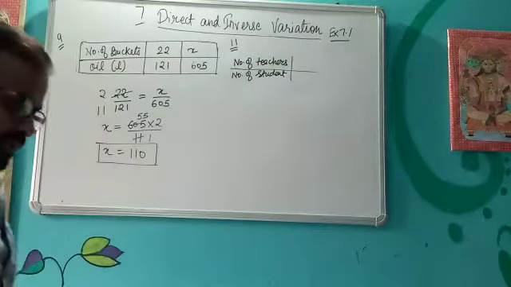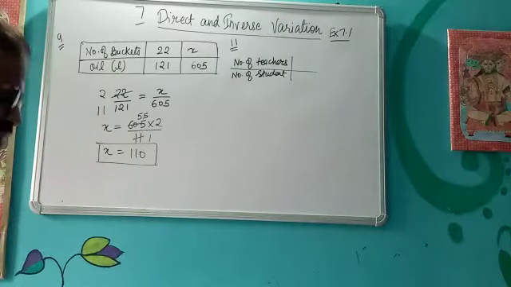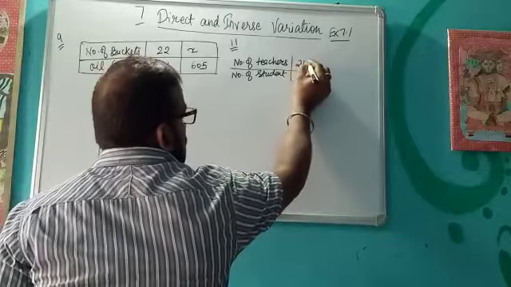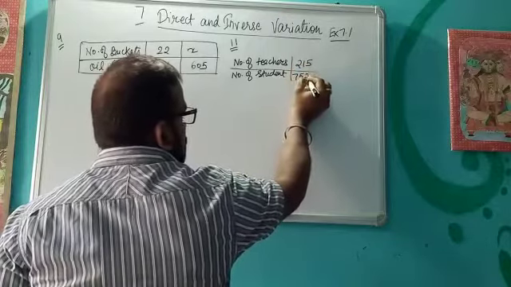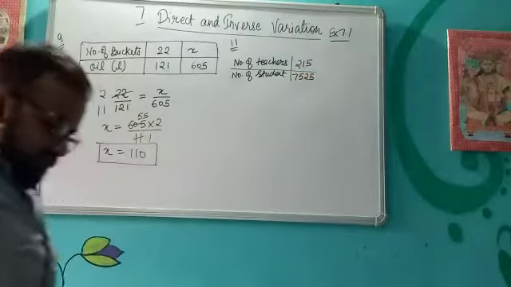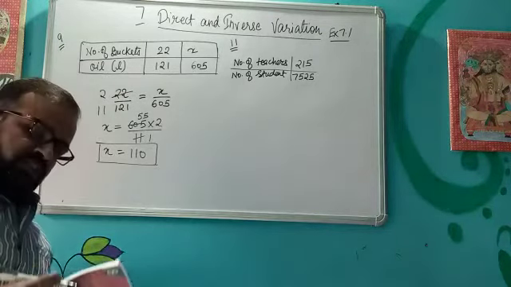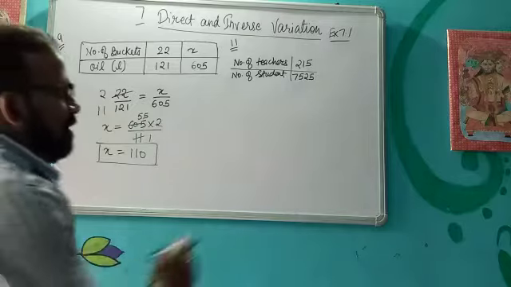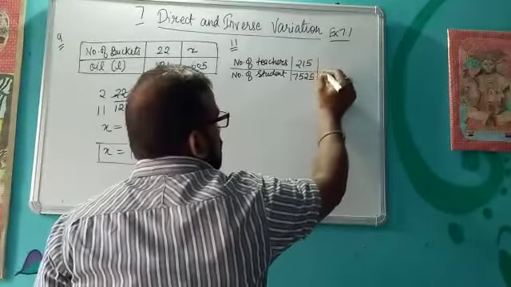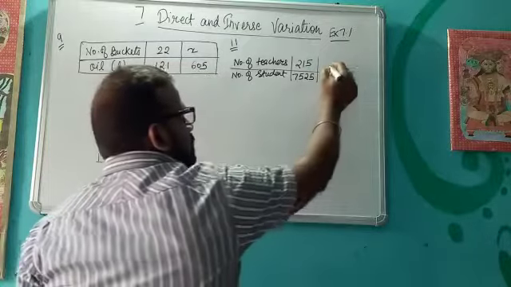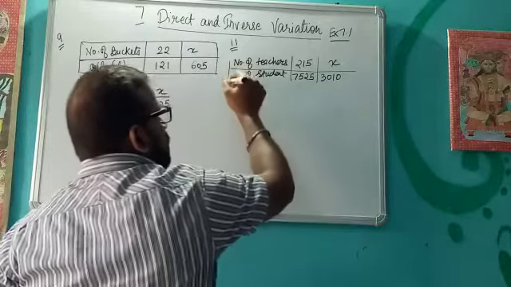So when number of teachers are 215, students are 7,525. Now if another college has 3,010 students, we have to find the number of teachers.